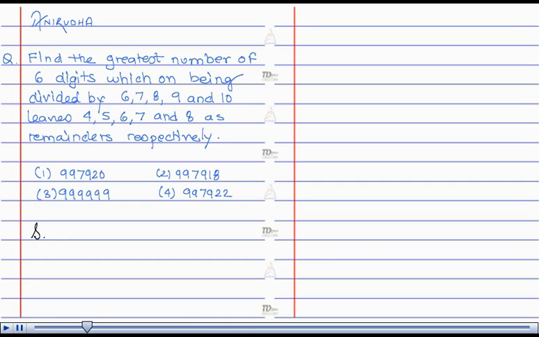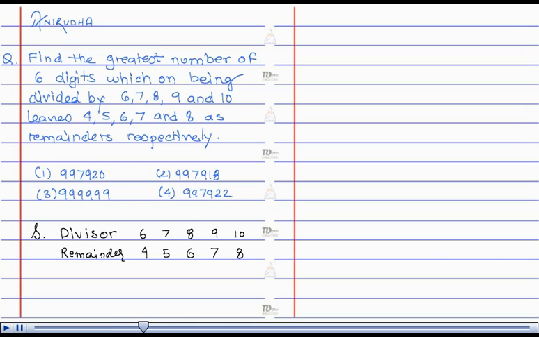We can see that when the divisor is 6, the remainder is 4. When divisor is 7, remainder is 5. When divisor is 8, remainder is 6. Divisor 9, remainder 7. And divisor 10, remainder 8.